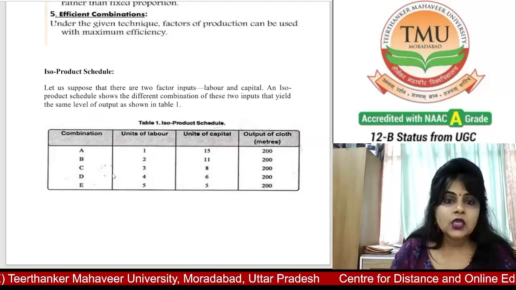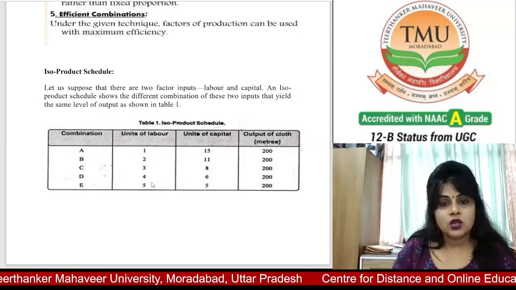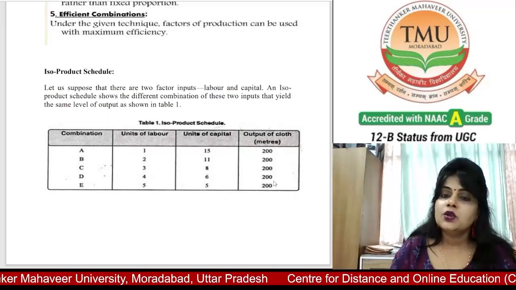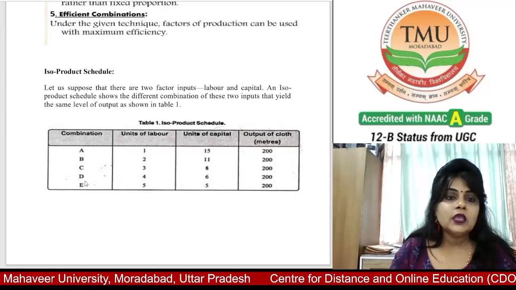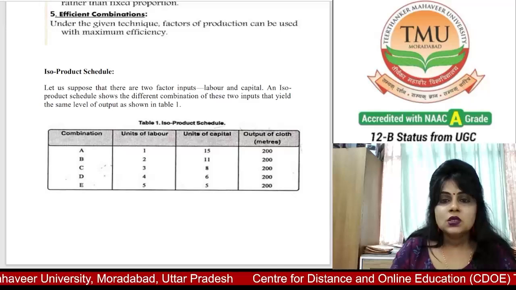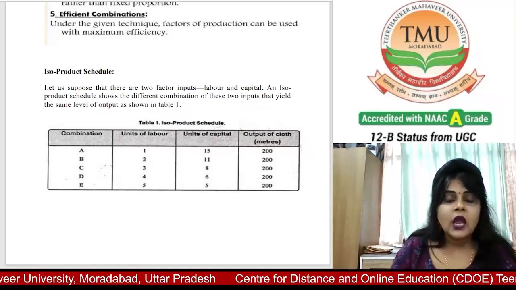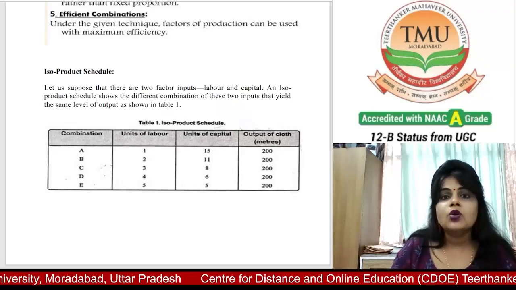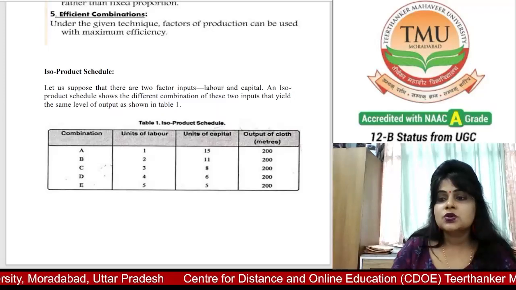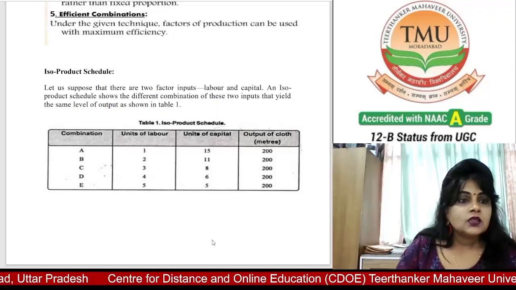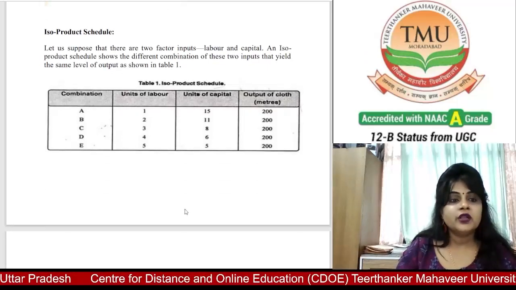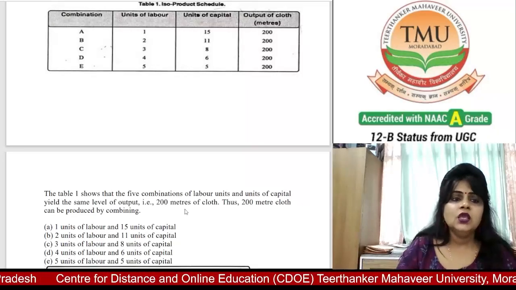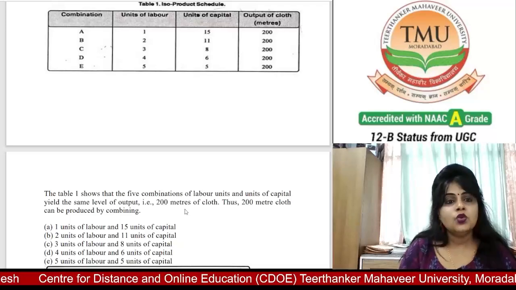In combination D, he uses 4 units of labor and 6 units of capital, and gets an output of 200 meters of cloth. At combination E, he uses 5 units of labor and 5 units of capital, and gets an output of 200 meters of cloth. So it is quite clear from the table that the different input combinations A, B, C, D, E yield the same level of output, 200 meters.